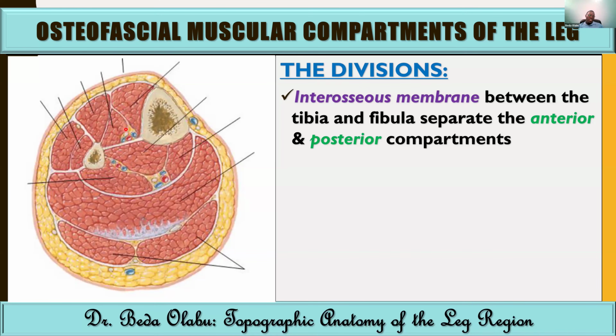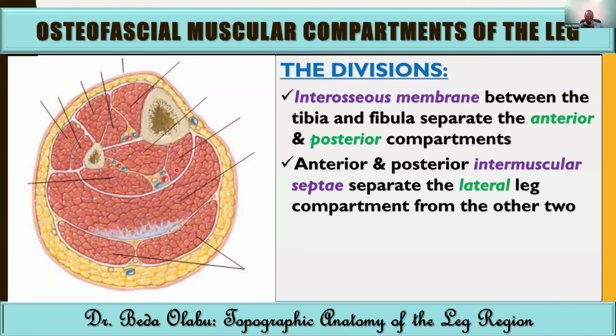On the anterior aspect, we can see the anterior tibial vessels. In the posterior aspect, we can see the posterior tibial vessels. Then we have the anterior and posterior intermuscular septa that are attached to the fibula. This is the anterior intermuscular septum, and that's the posterior intermuscular septum. Those two septa separate the peroneal compartment of the leg, otherwise known as the lateral compartment of the leg, from the other two.